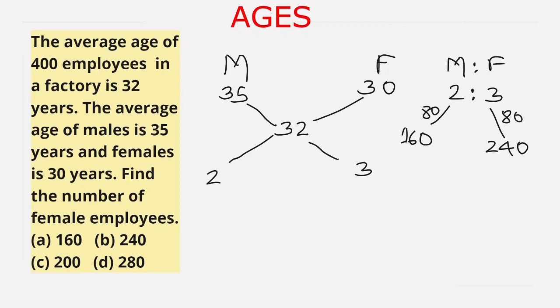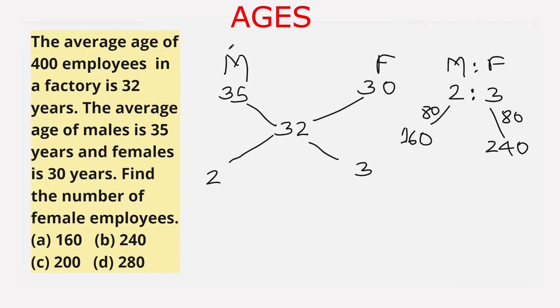I repeat it for your understanding. It is given that the average age of male is 35, so I write 35. Average age of female is 30, so I write 30. And the overall average is 32. We subtract 32 from 35 and we get 3, and 30 from 32 and we get 2.